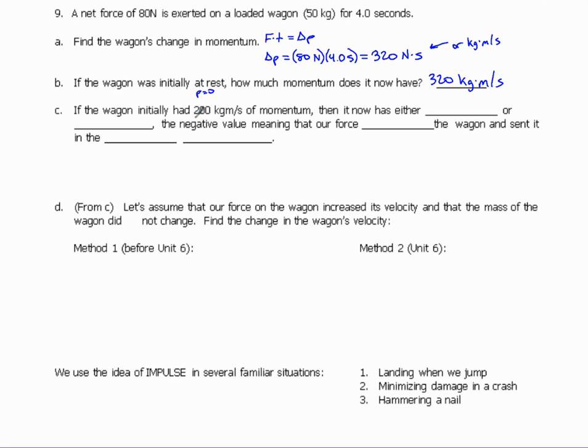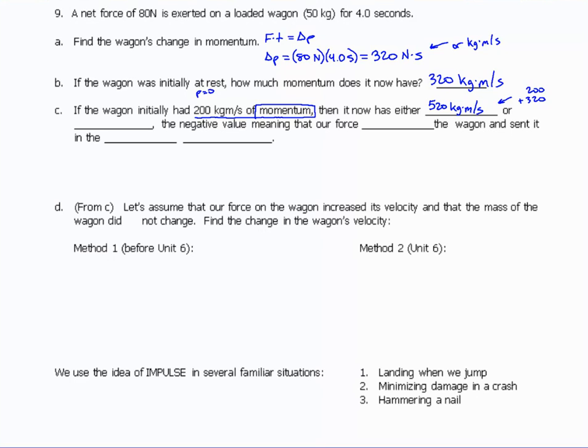Let's say the wagon initially had 200 kilogram meters per second of momentum. Then it had 200 and we added 320. It could have 520 kilograms times meters per second.